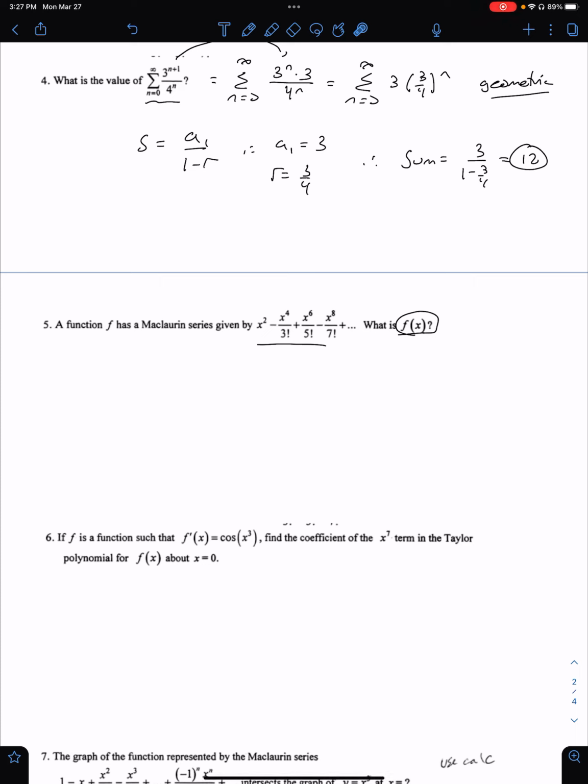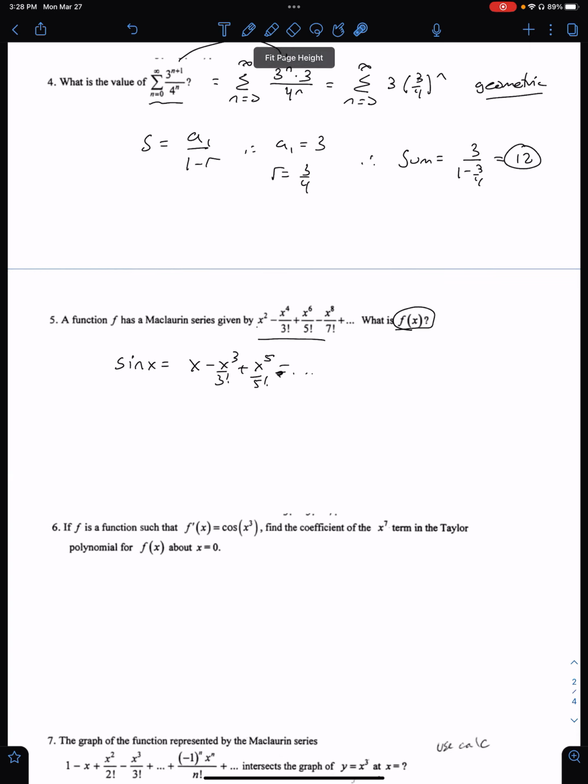And I'm starting to think, on the bottom, again, it looks like sine of x. So again, if I think of sine of x as just x minus x cubed over 3 factorial plus x to the 5th over 5 factorial, I think I've seen enough. Notice the only difference is we're just multiplying each numerator by x.